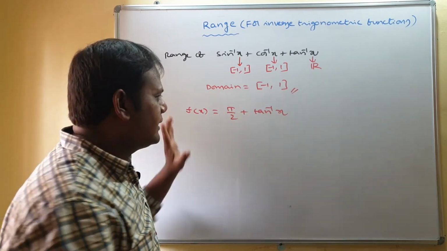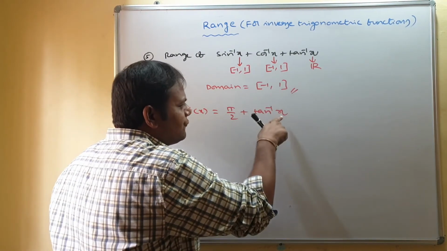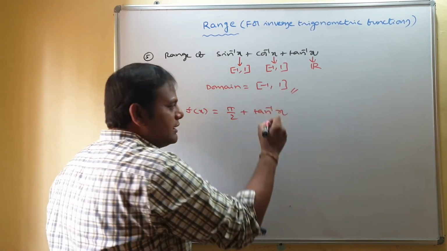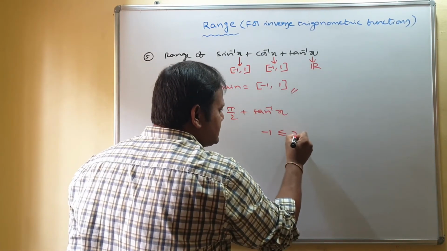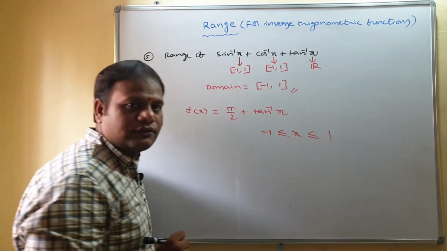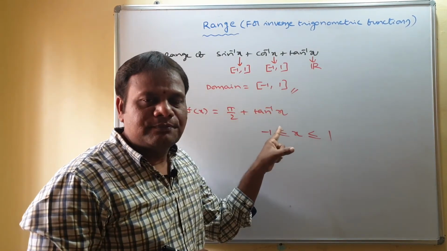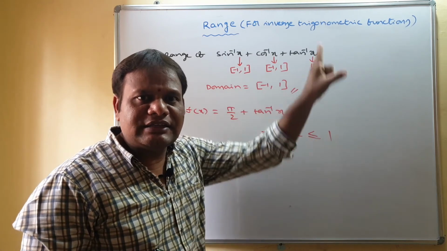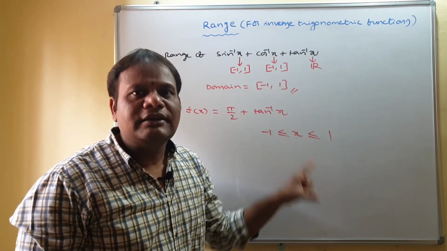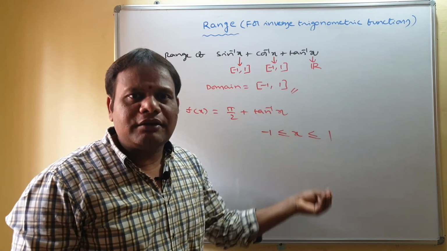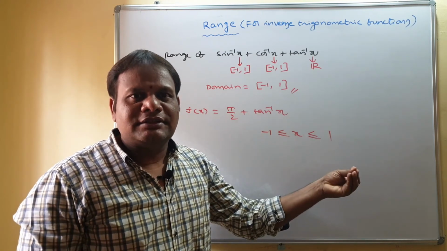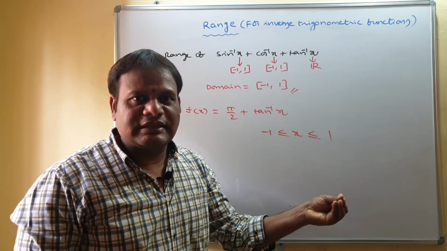Now, we have to find all the values of pi by 2 plus tan inverse x. Is it? Right. Listen carefully. Here, what x are we taking? Minus 1 to 1. So, minus 1 less than or equal to x less than or equal to 1. What function do you have to apply? Tan inverse. Is tan inverse an increasing function or a decreasing function? Increasing. How to remember? The derivative of tan inverse x is positive, 1 by 1 plus x square.